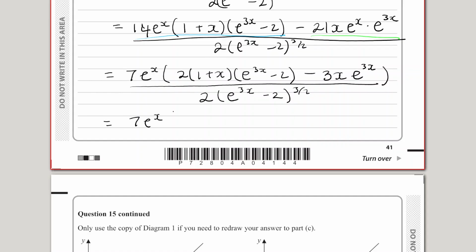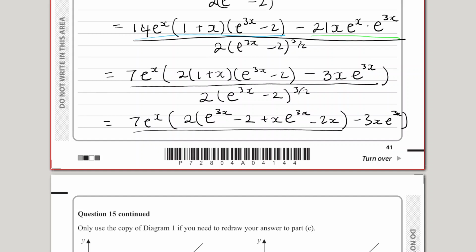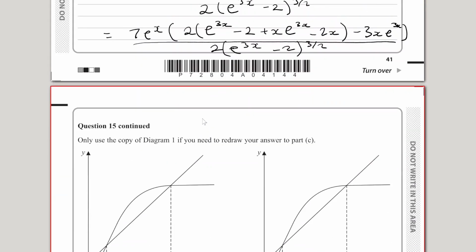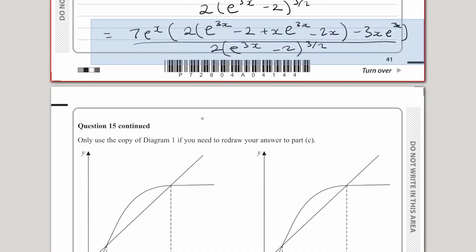7e^x times, I'll leave the 2 for now, e^(3x) minus 2 plus x e^(3x) minus 2x minus 3x e^(3x). And again, the correct denominator. Simplifying again for my numerator.